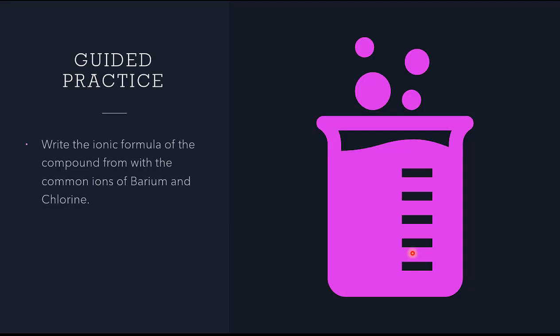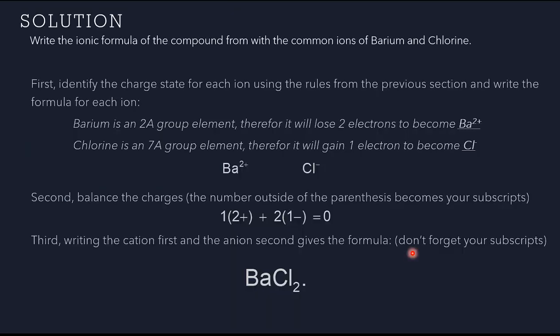All right, so let's practice this. Here we're asked to write the ionic formula of the compound with the common ions of barium and chlorine. So the first thing you want to do is identify the charge state for each ion using the rules from the previous section and write the formula for each ion.